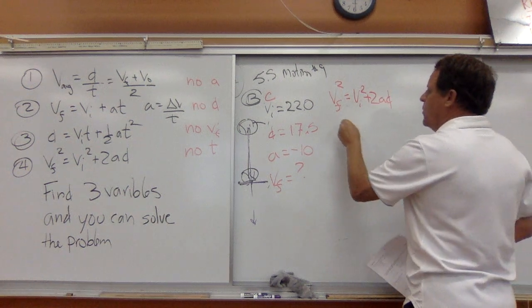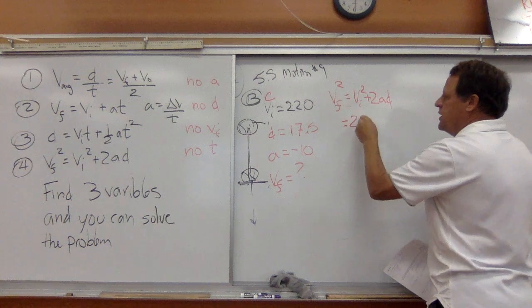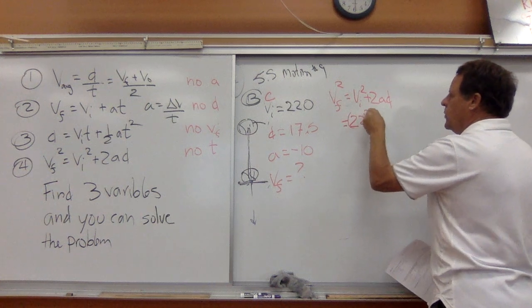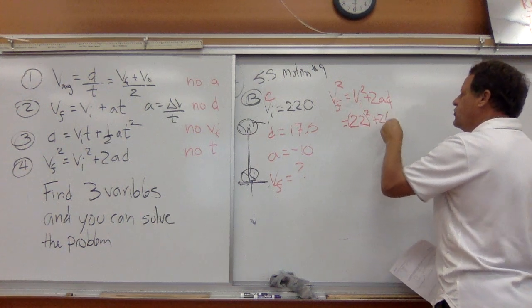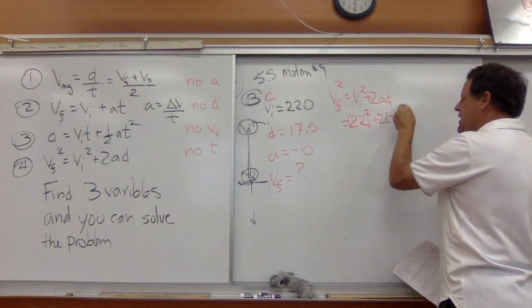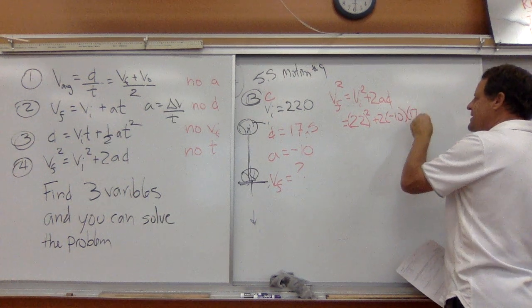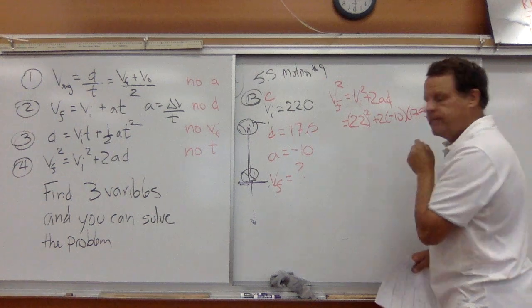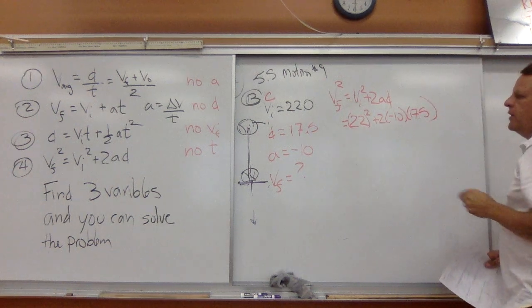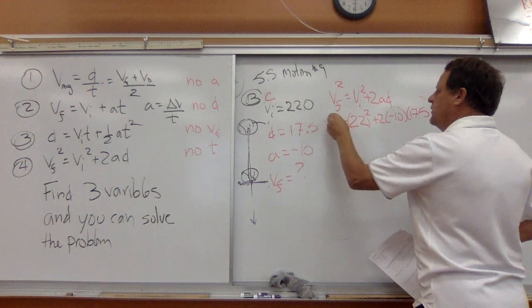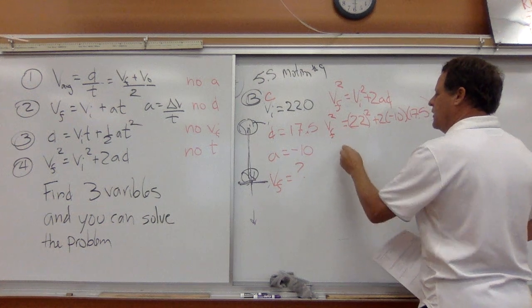Now we know this is 22 squared plus 2 times -10 times 17.5, and that's equal to v final squared.